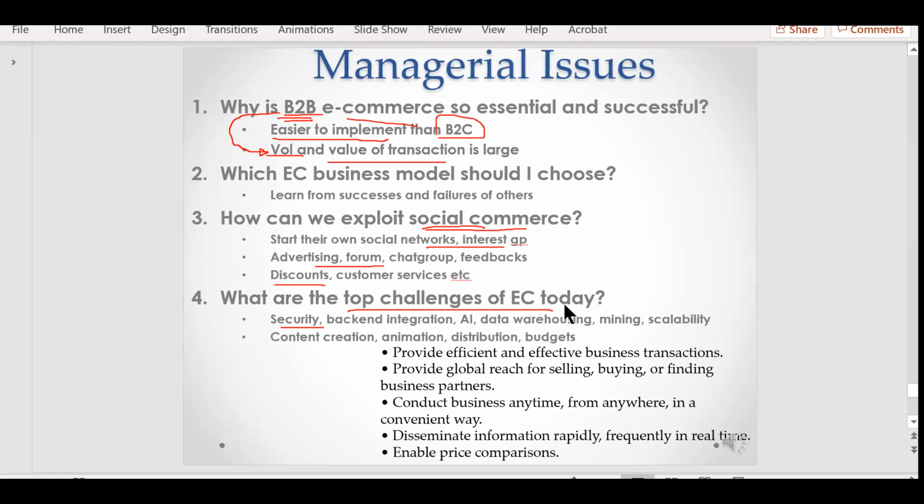What are the top challenges for e-commerce? Just now we talked about that, right? Not just the ethical issues and barriers that you need to watch out for, but also the kind of security that you need to put in place, as well as scalability, right? Can your website support a large number of transactions coming in?